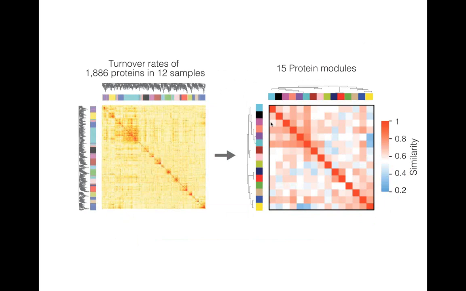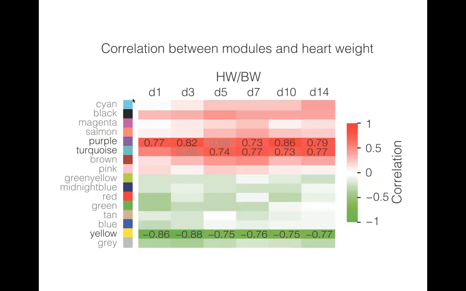So these clusters in the package, they color-coded them with different names of different colors. And you could see here, this is a heat map of the correlation coefficient when we take each cluster and try to analyze the correlation of each cluster with the heart rate at different time points after the drug treatment.